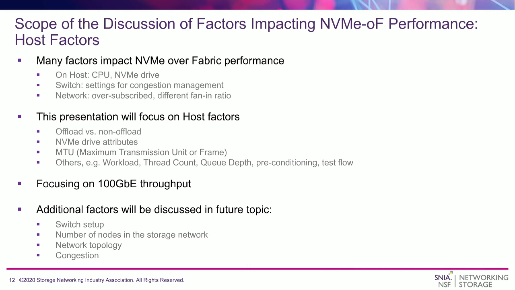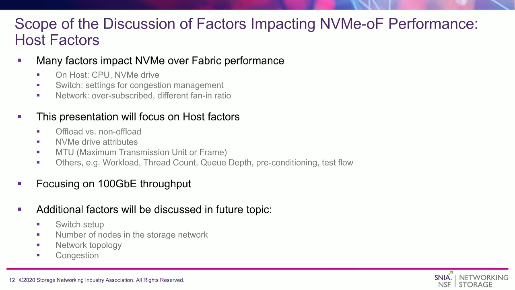So in the interest of covering for Fred on the slide, these are pretty high level comments. The factors that impact NVMe over Fabric performance: we're focusing on the host side, which is the CPU, the drives, and the switch settings are consistent, and the network has 3 different transports.